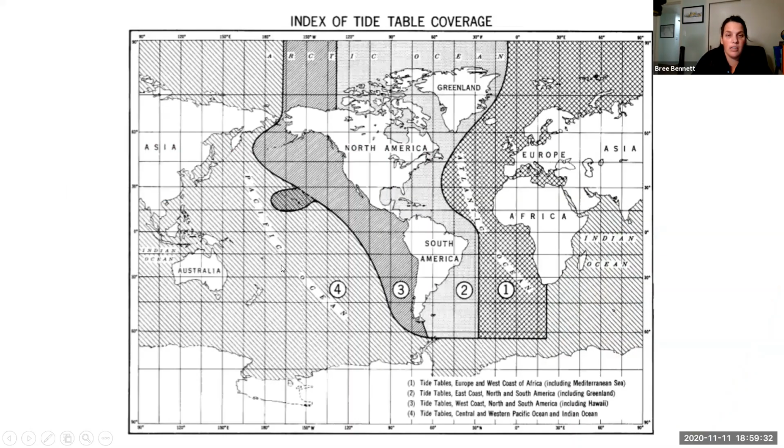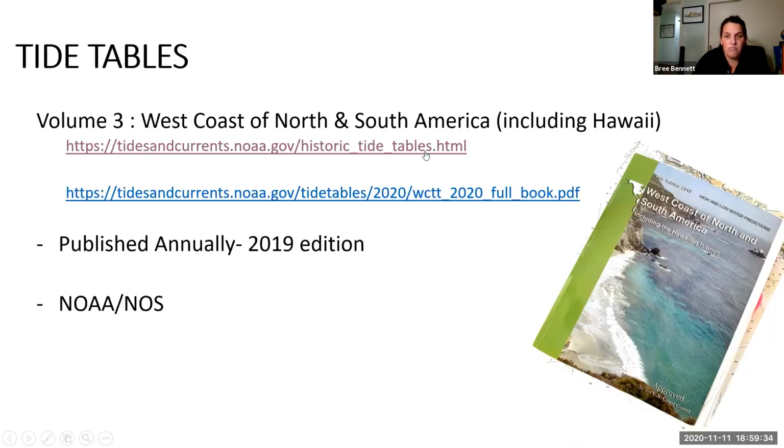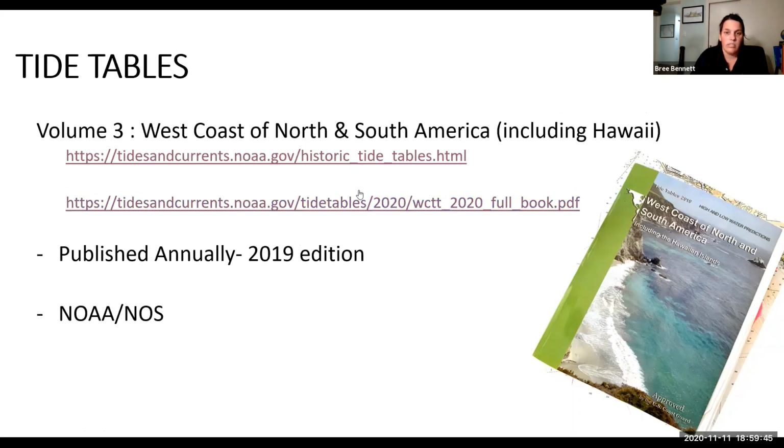You could get them online. One is the tides, and this link is the actual PDF, if you just wanted to go straight to the PDF. But those are on the Google Classroom as well.